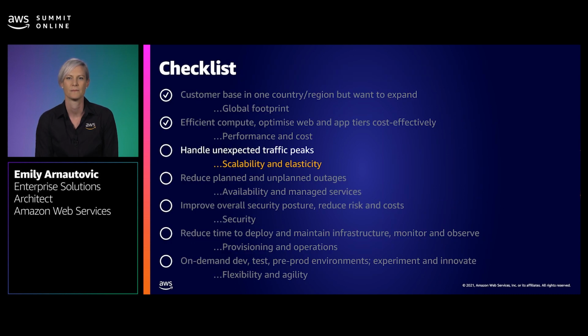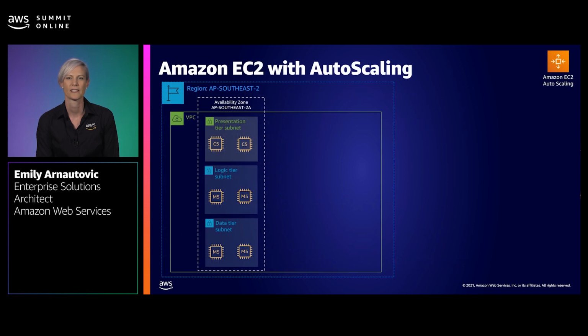So now the next item on that checklist was to work out how we can build out compute that scales up and down based on traffic and load. To address scalability with compute, we recommend that you place the EC2 compute instances in auto-scaling groups at each tier.